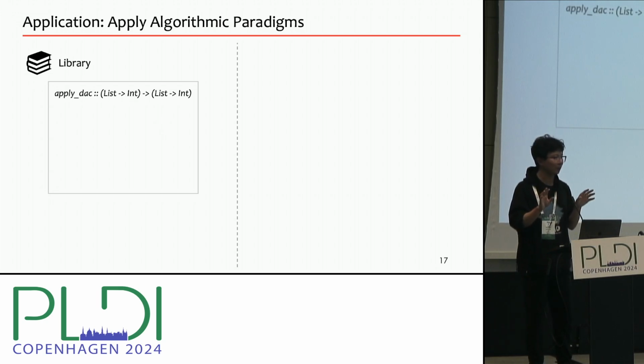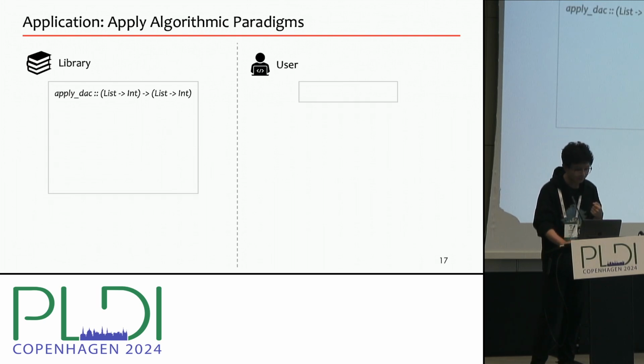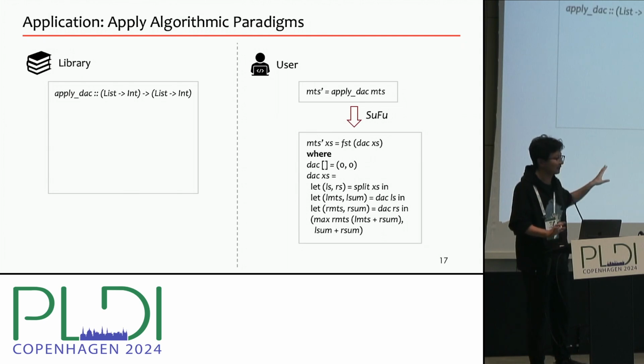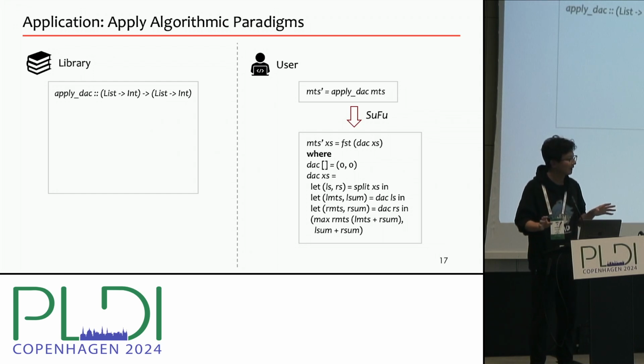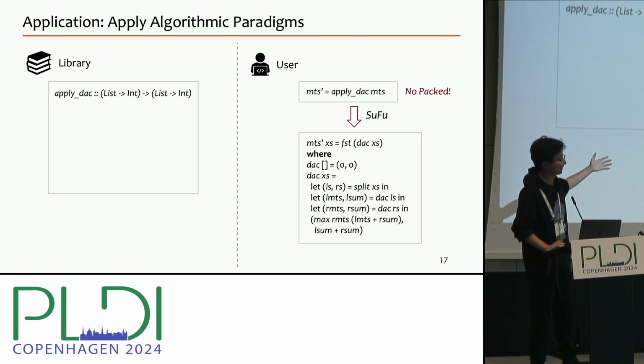Whenever the user wants to rewrite some part of their code to be divide and conquer, they only need to apply this magic function to the function they already implemented. And then SuFu will help them generate a very specialized and very efficient divide and conquer algorithm. The magic thing here is that the user does not need to know anything specific about SuFu and divide and conquer. And in this interface, there is even no pack annotation.